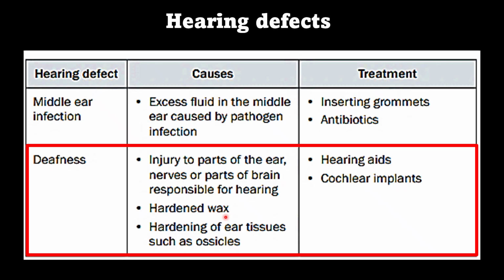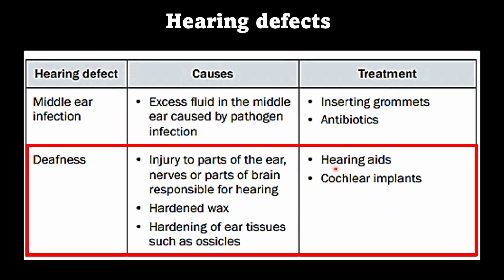And if you block the ear canal, the ear canal will not be able to transmit sound waves to the tympanic membrane, and it could lead to deafness. Lastly, the hardening of ear tissues, such as the ossicles. If the ossicles become fused and do not vibrate anymore, it could also lead to deafness.